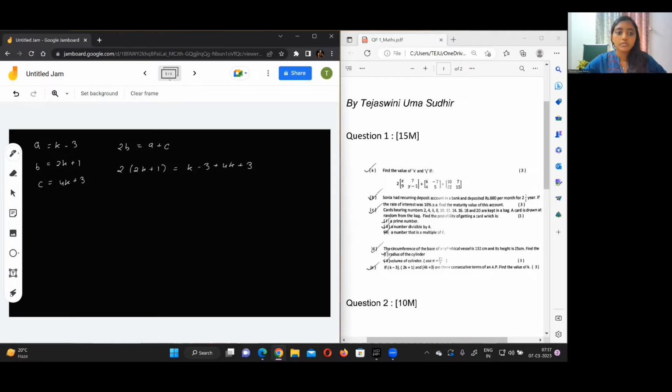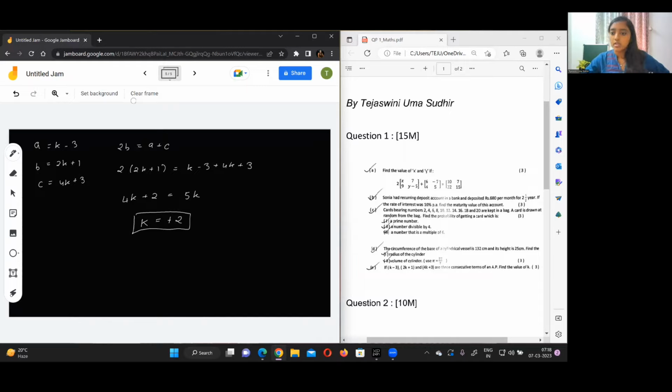So it is 4k plus 2 is equal to k plus 4k is 5k, minus 3 plus 3 is 0. So you say that 5k minus 4k is k is equal to 2. So the answer is k is equal to 2.